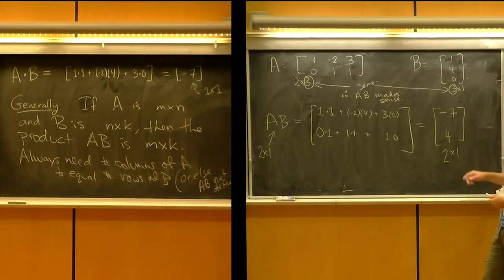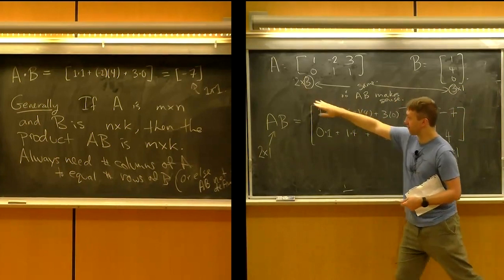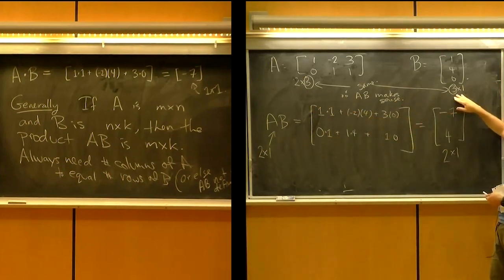That's a really good question. In this case, B times A does not exist. So A times B makes sense because it's 2 by 3 times a 3 by 1, and the 3's match.